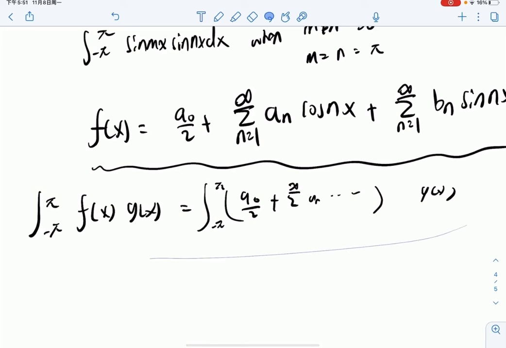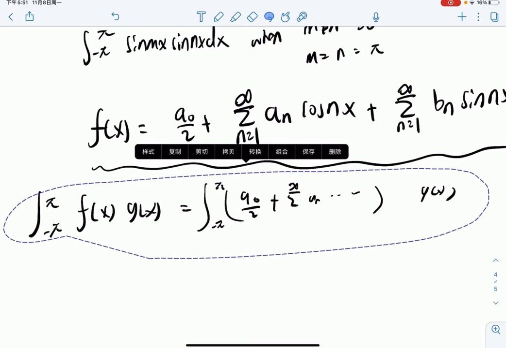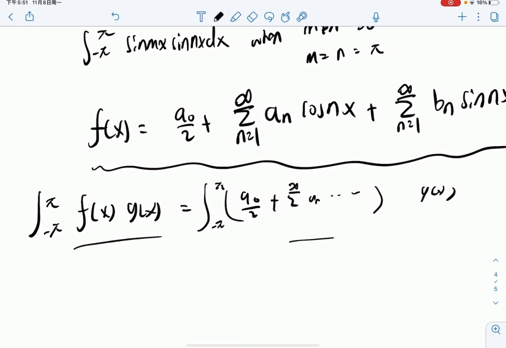So the goal over here is to use this identity to find the terms an and bn.